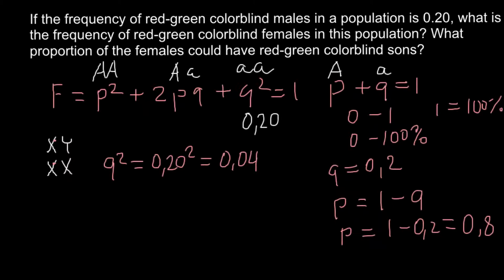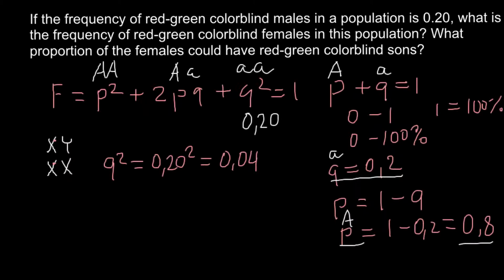Now when we know the frequency of the q allele and the frequency of the p allele, and this is going to be small a and capital A here, we can find the frequency of the heterozygous form of this genetic disorder in females.